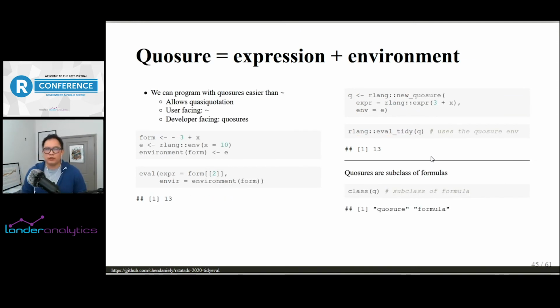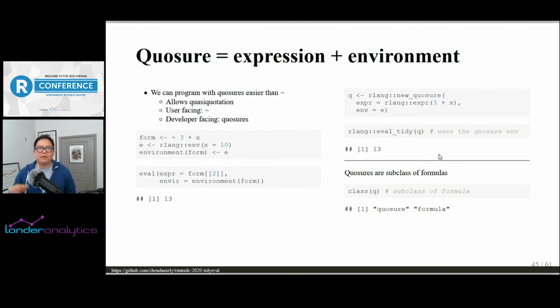So a quosure, instead of that formula, is really an expression plus the environment. So it's a different object, but it's really a subclass of formula without the little tilde bit. And this allows quasi-quotation, and so the user might use the tilde, but from the developer's point of view, you'll be working with quosures.